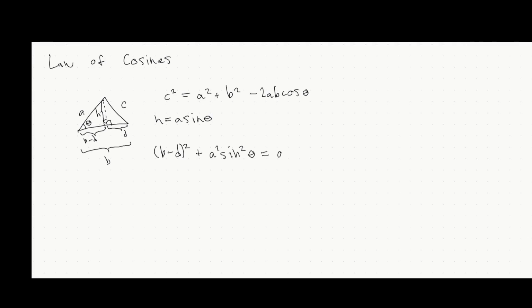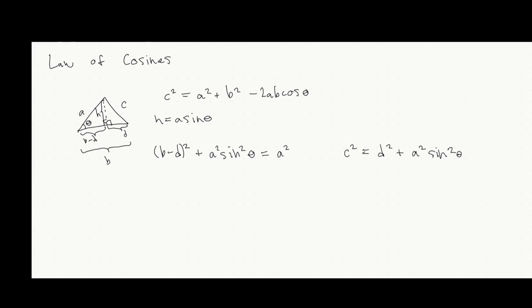That should equal a squared. And then our other equation, which will give us c squared, is d squared plus our height squared, which is a squared sine squared theta. So basically what we want to do is find d squared plus a squared sine squared theta. If we can find that quantity on the right here in the second equation, then we can find c squared.